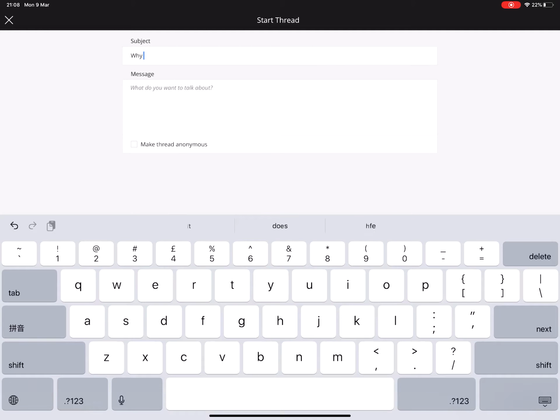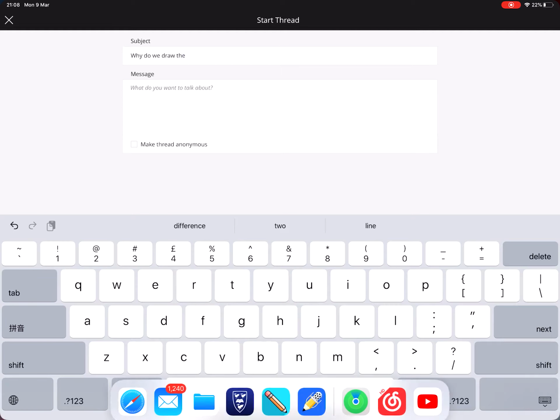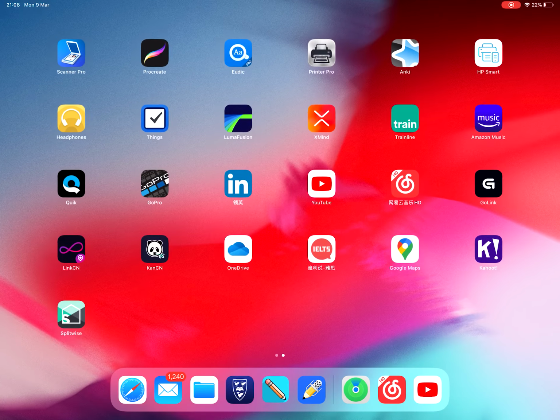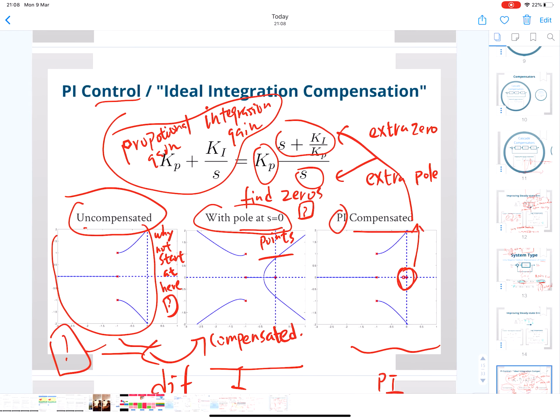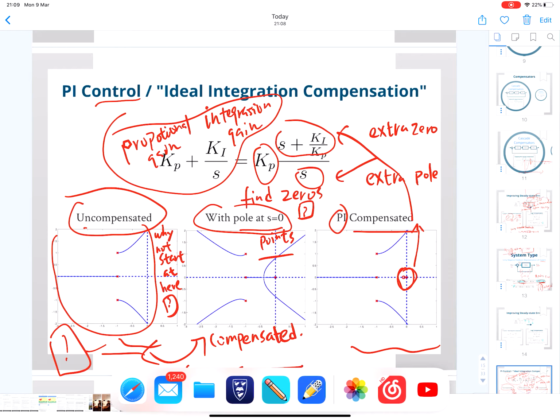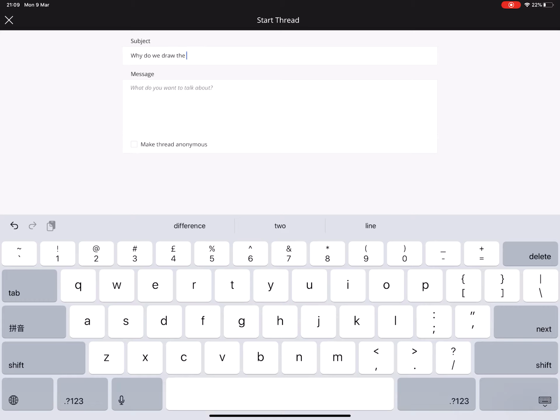Why do we draw the uncompensated root locus like that? Uncompensated root locus like that.